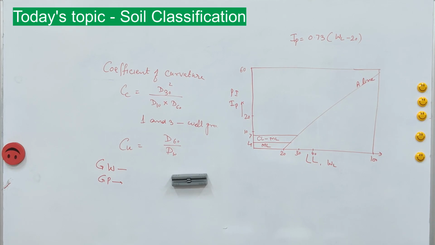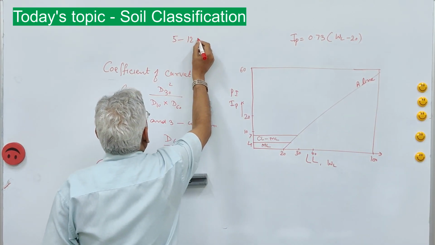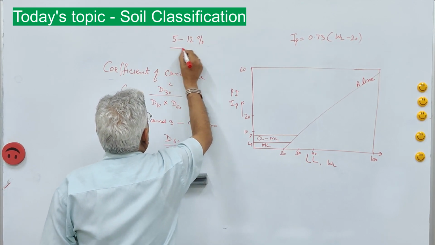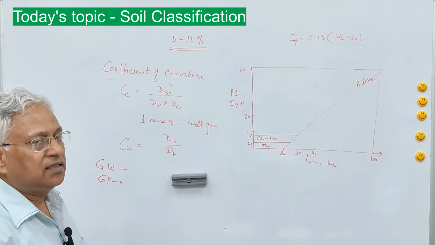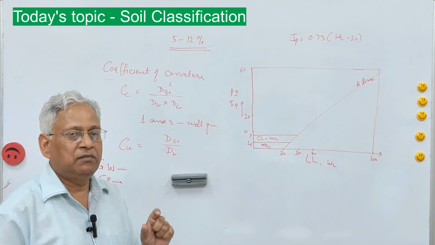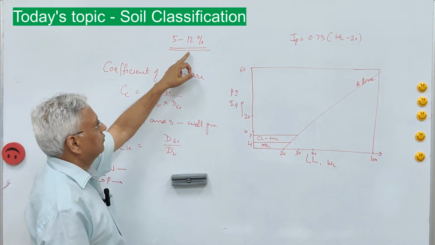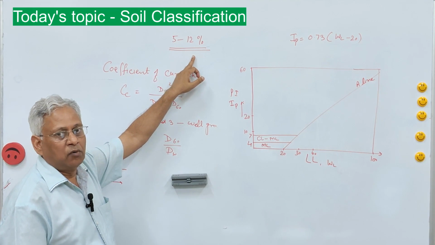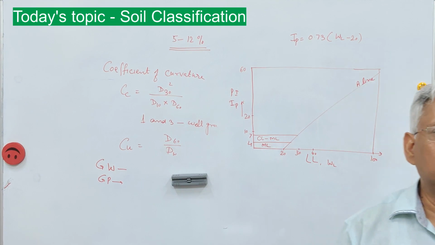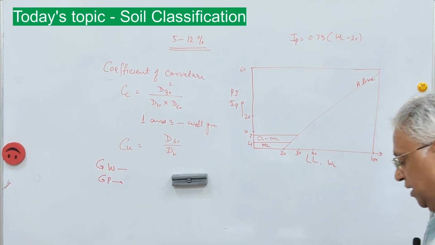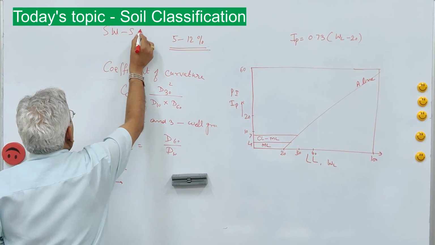In the case of coarse grained soil, when fines are between 5 to 12%, then that becomes a borderline case. Fines means material passing 75 micron. When material passing 75 micron lies in the range of 5 to 12%, that becomes a borderline case. So in that case, a dual symbol is assigned to the soil, like SW-SC.